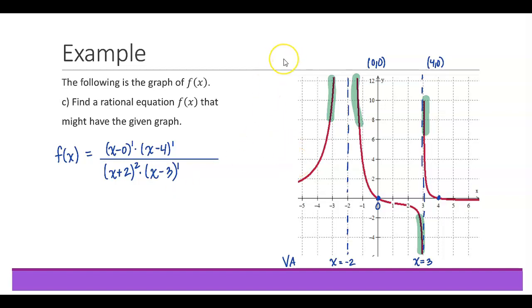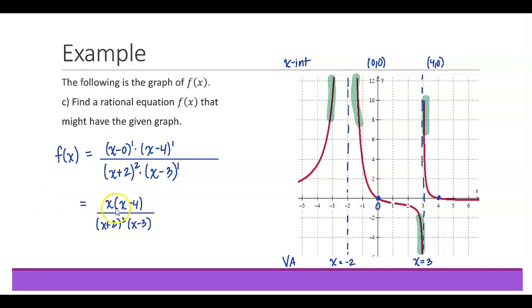After you've identified your x-intercepts and vertical asymptotes, we want to verify that the y-intercept and the horizontal asymptote are satisfied. I'm going to simplify this function a little bit: x times x minus 4 on top, and on the bottom x plus 2 squared times the quantity x minus 3.